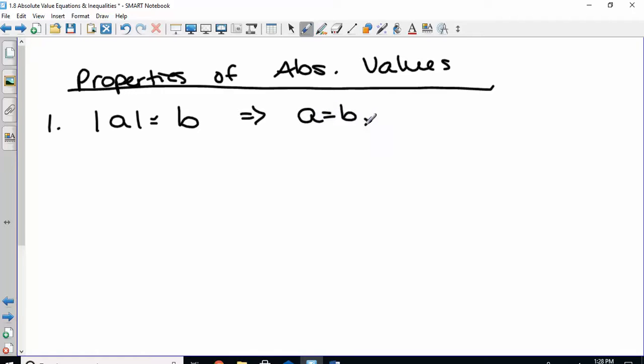A equals B, or A could equal a negative B. Since absolute value makes it positive, the original could have been positive, or it could have been negative.